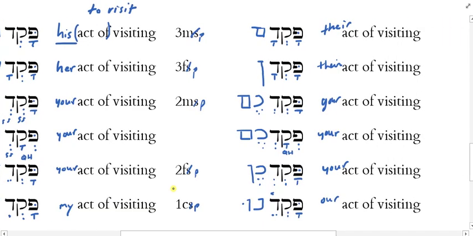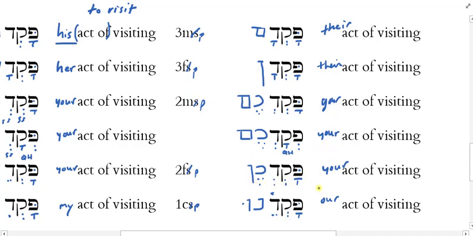Plural pronouns. Poke-dam. Poke-dan. So this is their act of visiting, male and female. Poke-dekhem. And down here, the alternate way of doing it, pekod-khem is your or y'all's act of visiting, and it's a masculine y'all.